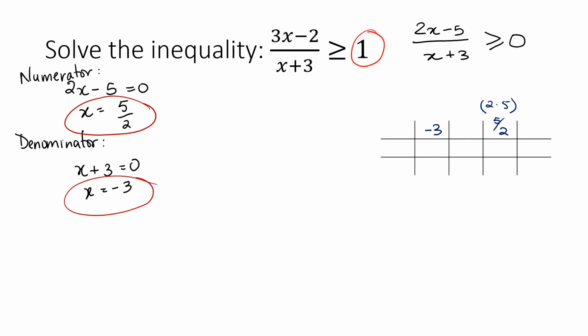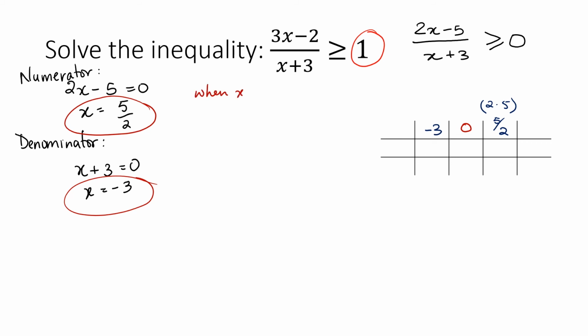So let's find values in between and on the outside. I like to start with in between first. So a number in between -3 and 2.5, again, picture your number line. 0 lies in between the two of them. So we place 0 in our inequality. Now we can use either this one or this one. It does not matter because both of them are the same thing.